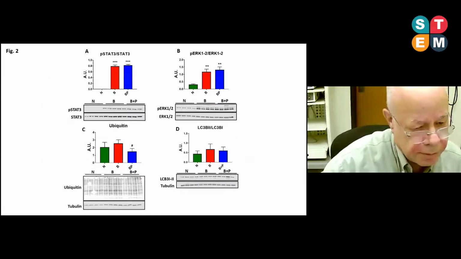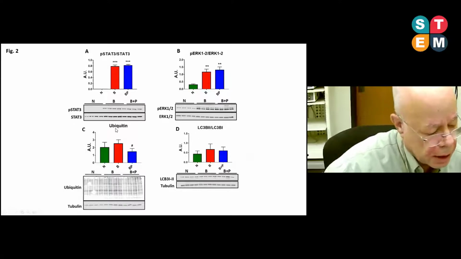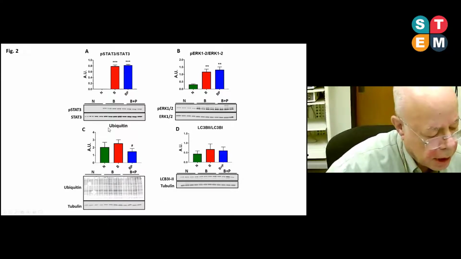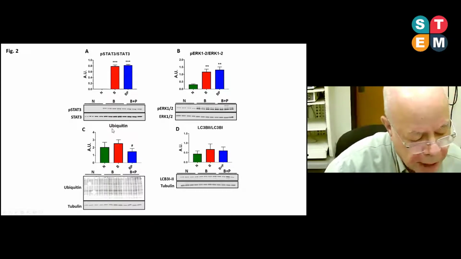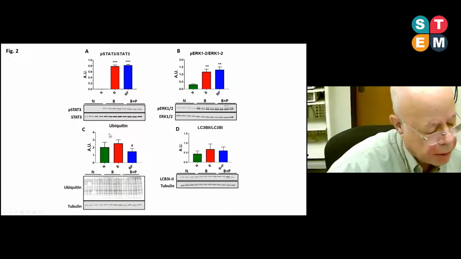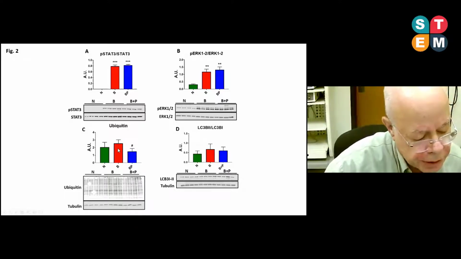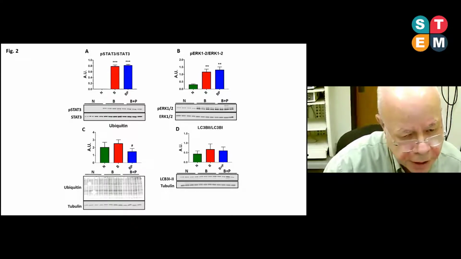Now in this slide, focus your attention on the lower left, panel C. This is looking at the amount of ubiquitin, which is a component of the ubiquitin ligase catabolic pathway in myoblasts. And this shows that while ubiquitin levels are elevated in the cultures from burn patients receiving placebo, they're significantly reduced in the cultures with serum from bisphosphonate treated patients.